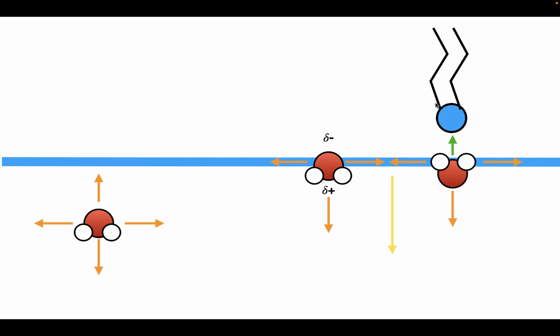So as a result of this, these surfactant molecules are going to decrease the surface tension. And when you decrease the surface tension, this increases the compliance, which makes it easier for the lung to expand in volume.